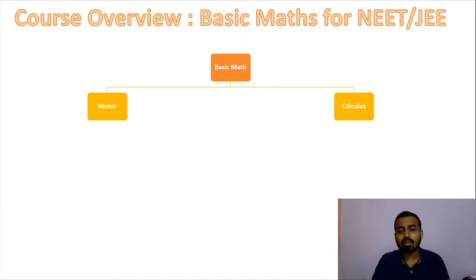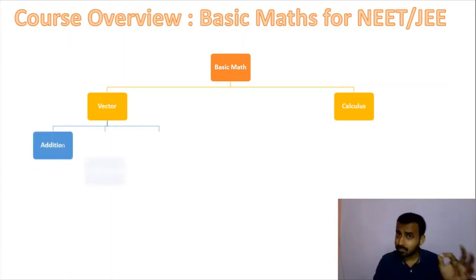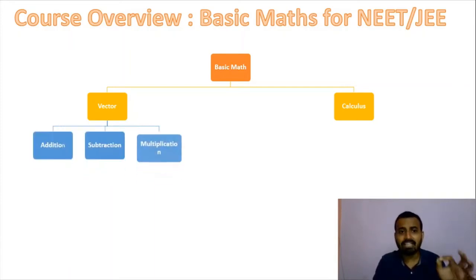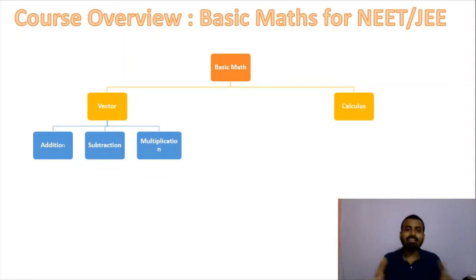So inside vectors, we will be discussing addition, subtraction and multiplication. Now you may wonder why division is not coming. The reason is that division of vector quantities is not at all defined.